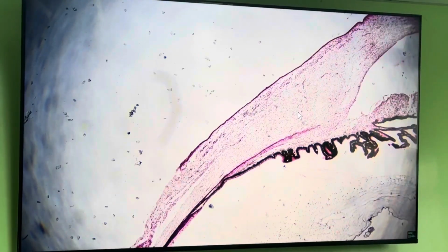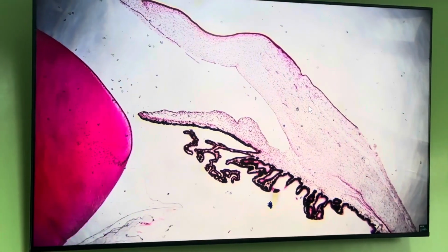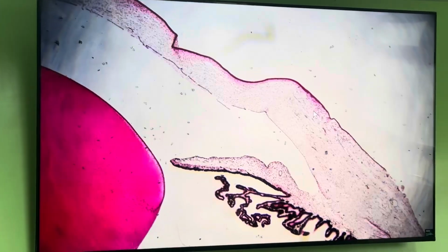The one that is visible to us would be the corneoscleral coat, which is this one. So this is the one that you would see, the cornea, which is transparent, and the white portion is the sclera.